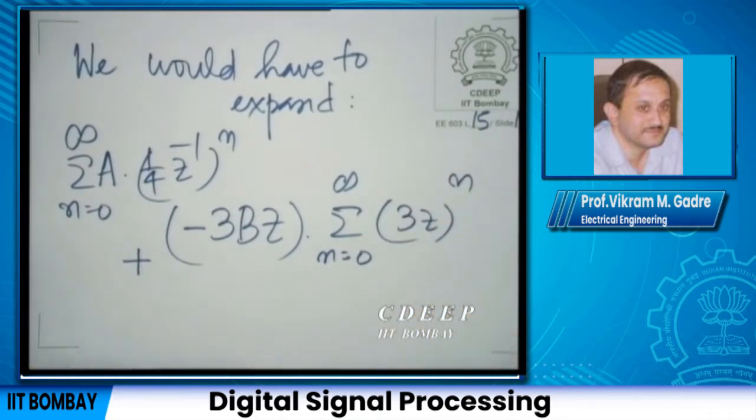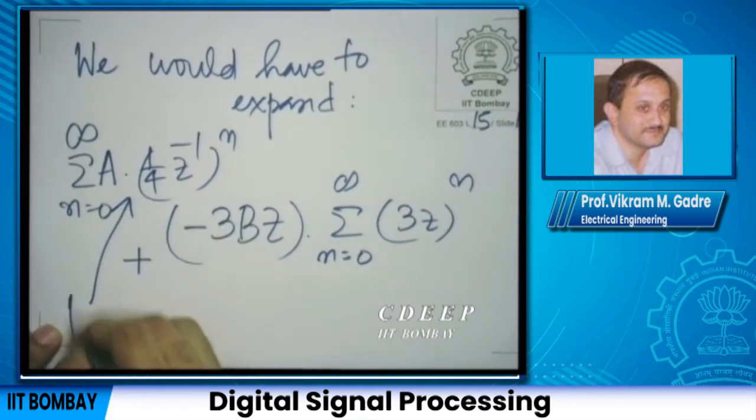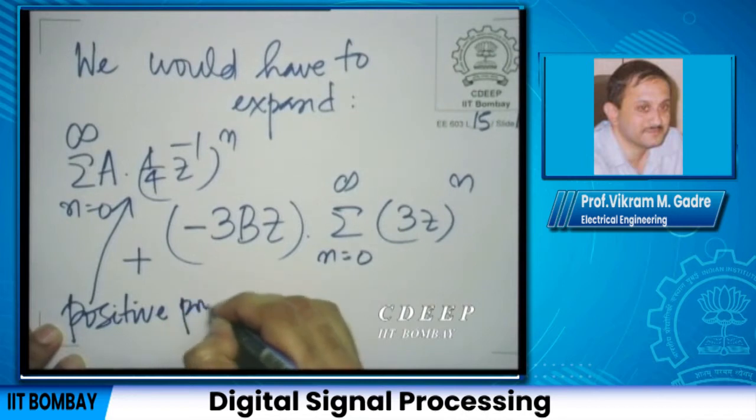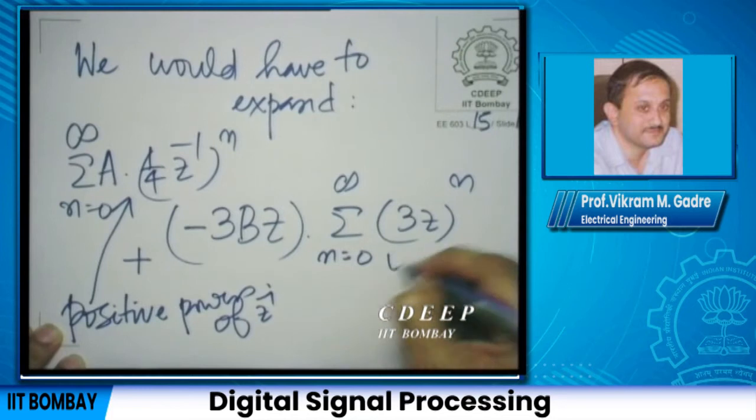And from here, we would be able to recognize by comparing term by term. Interestingly, this term would give us positive powers of z inverse. And this would give us negative powers of z inverse.